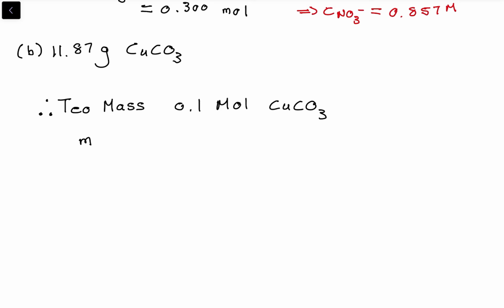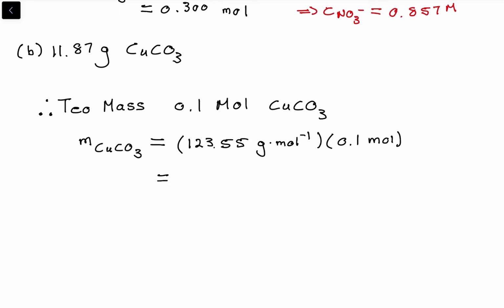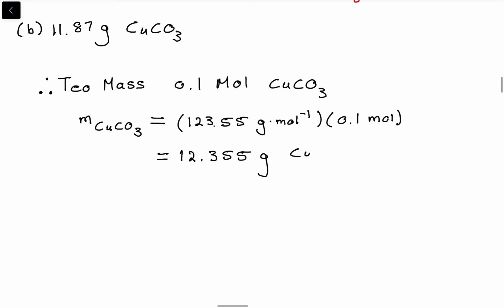So that would be M copper carbonate, meaning what we would expect to get is 123.55 gram per mole multiplied by 0.1 mole, which gives us an expected mass of copper carbonate of 12.355 gram, and so forth. Copper carbonate is what we expected if we go up top here.